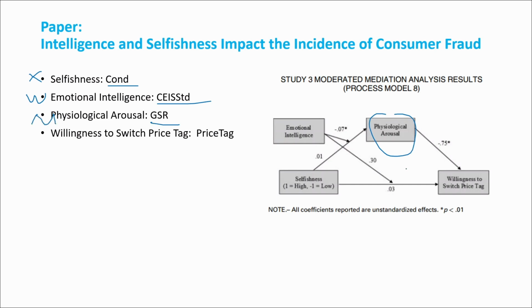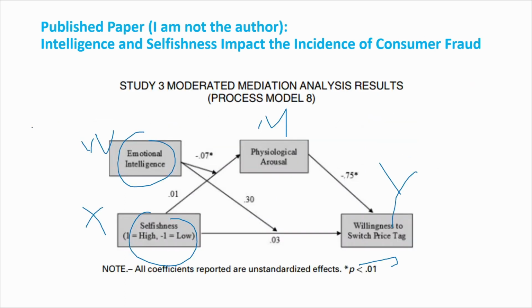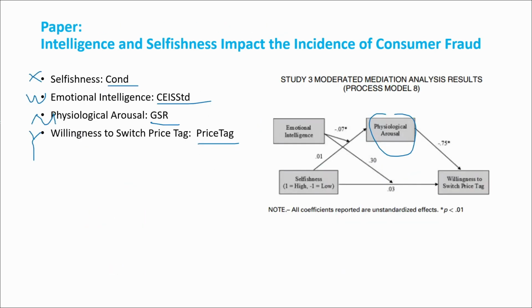The dependent variable, Y, they call price tag in the data set. So you need to know the variable names in the data set and how they correspond with the X, W, mediator, and Y. Now I'm going to switch to the data set part to show you how we can do that in R.